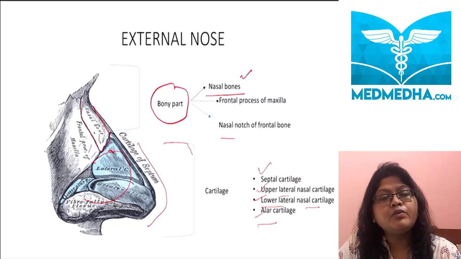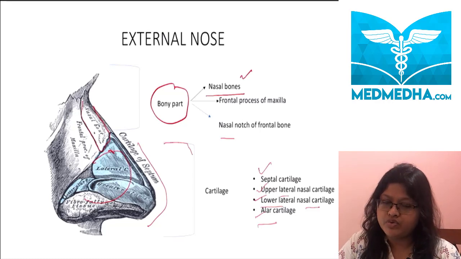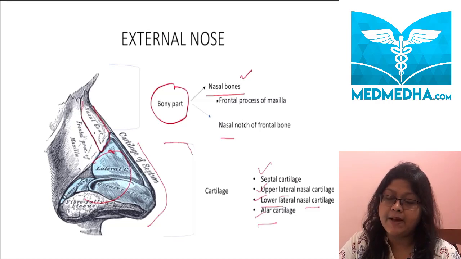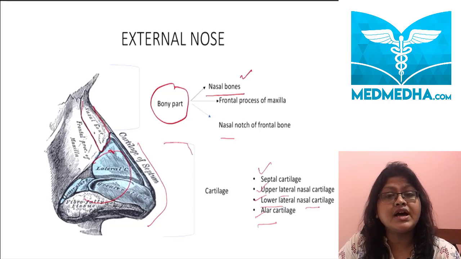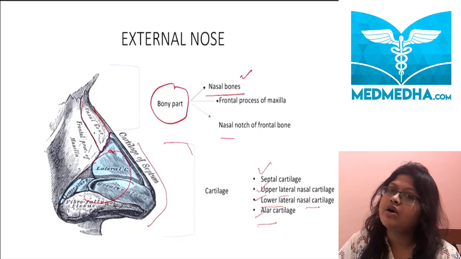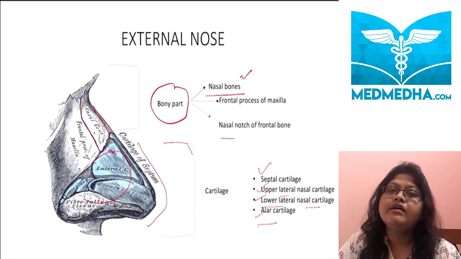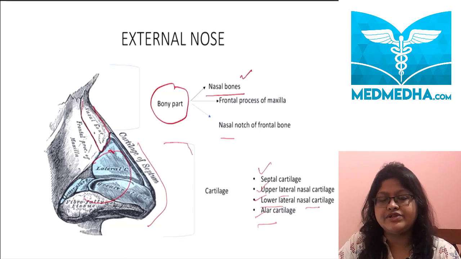Before we move on to the other parts of the nose and the nasal cavity in this video, since this video will help you to pass your first professional MBBS exam, we should also know what the must-know areas of the nose are. So the external nose composition is a nice-to-know area, where we should know the bony and the cartilaginous part.